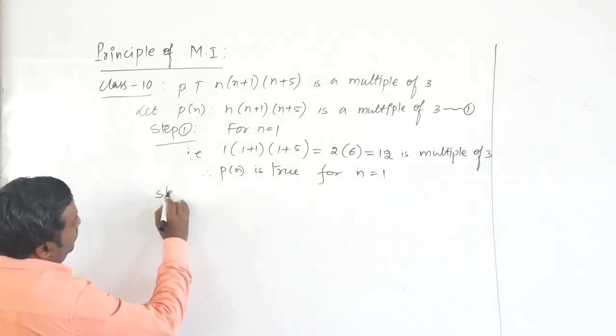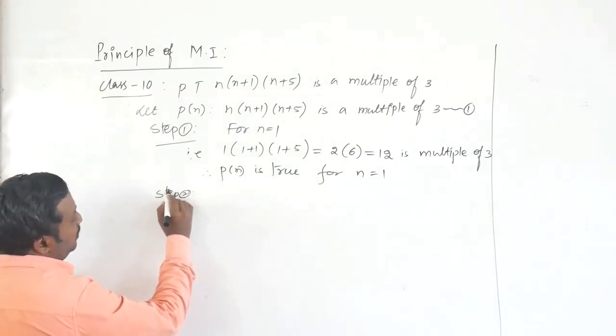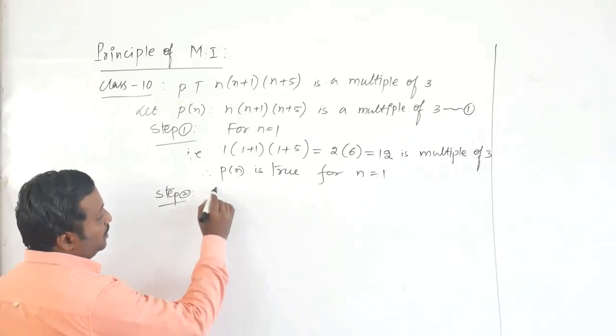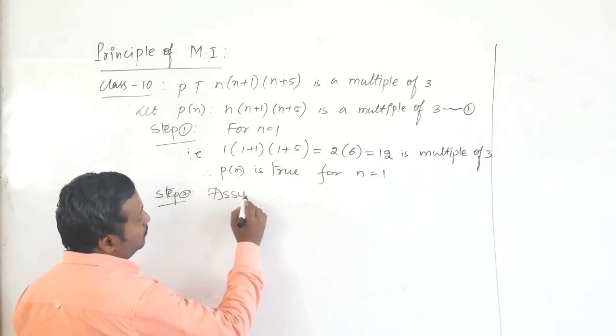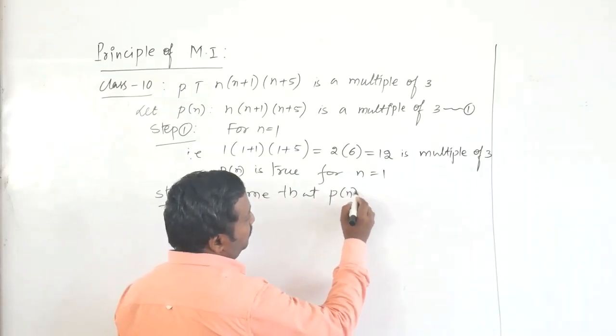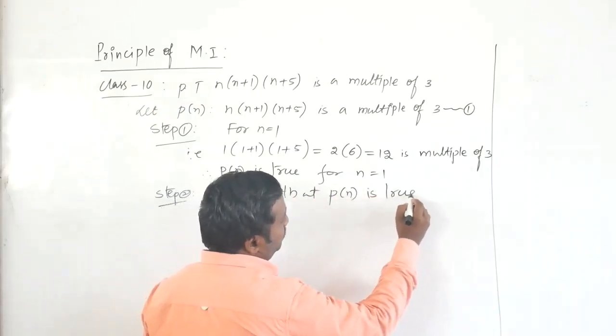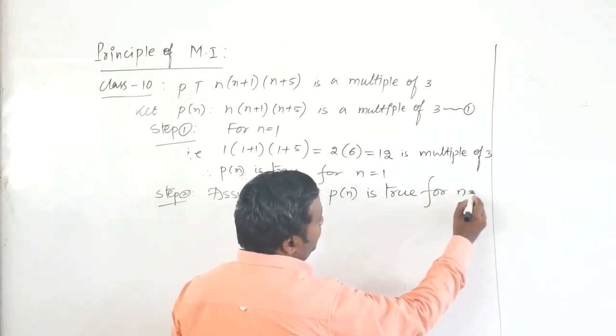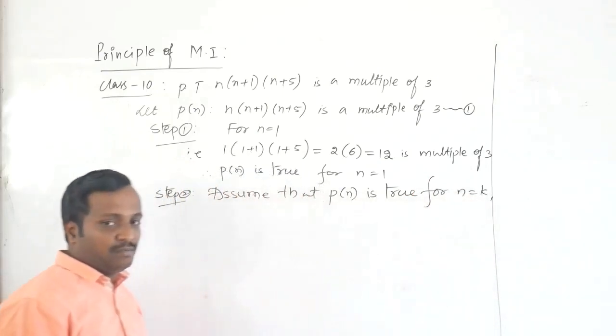Next, step 2, everyone knows you can write very easily: assume that P of n is true for n is equal to k, k is any natural number.